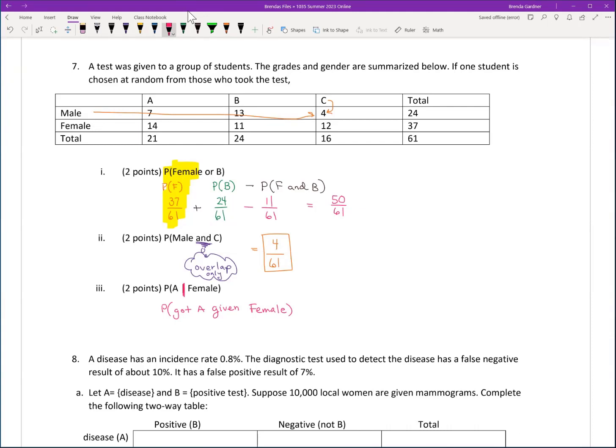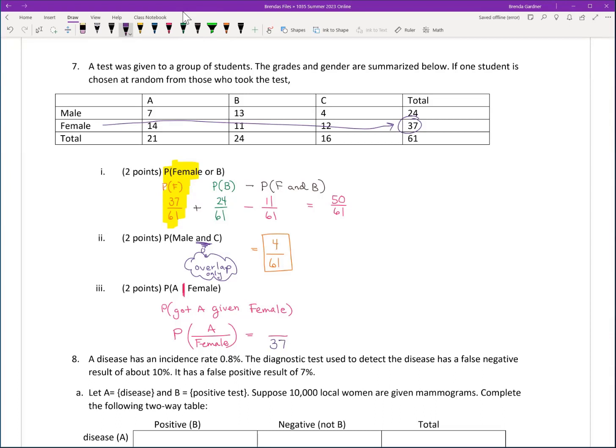The number of females is going to be my bottom denominator. So I'm going to go up and look for how many females there were. And I see there were 37 total looking along female.